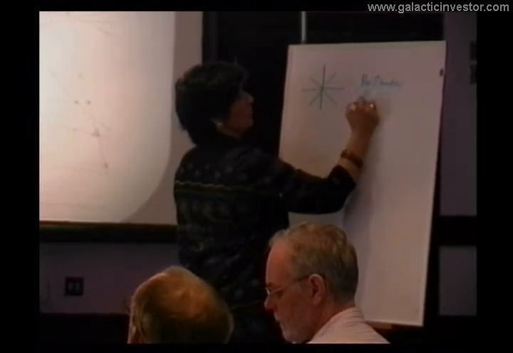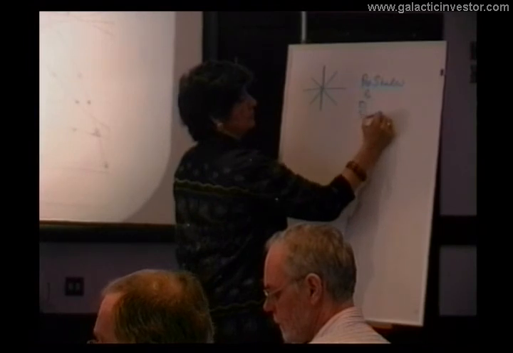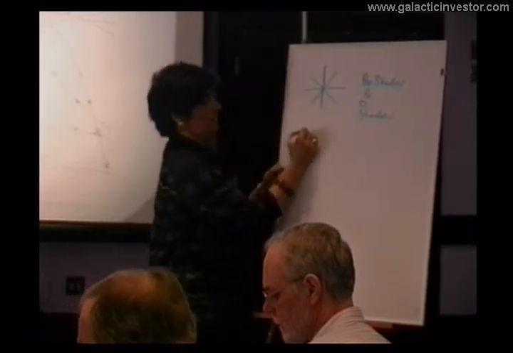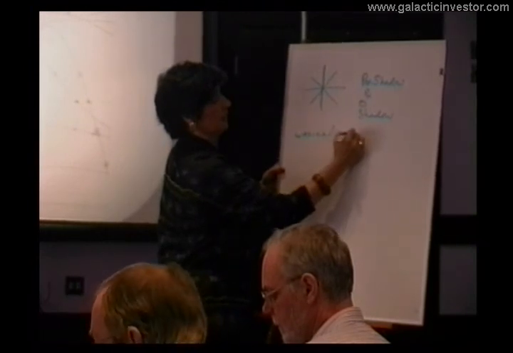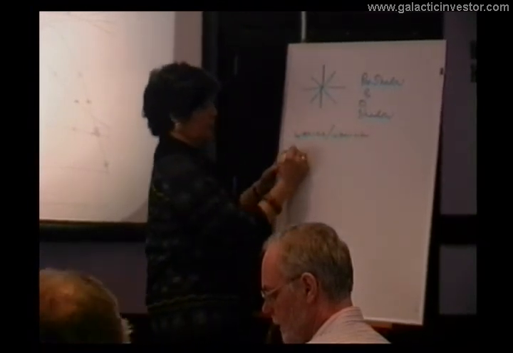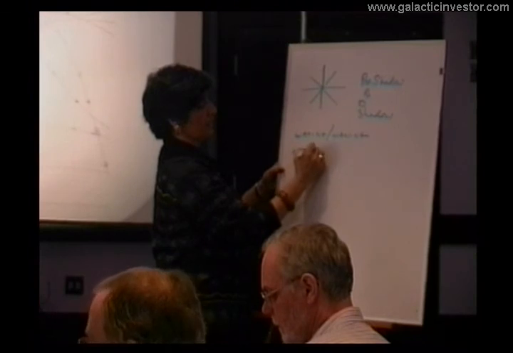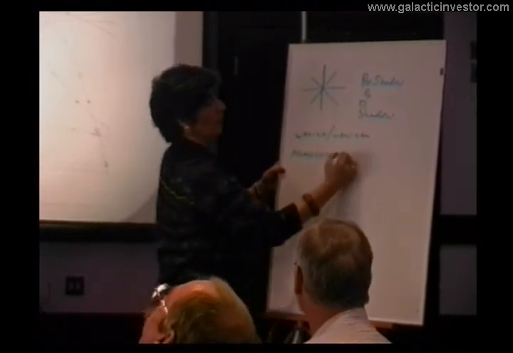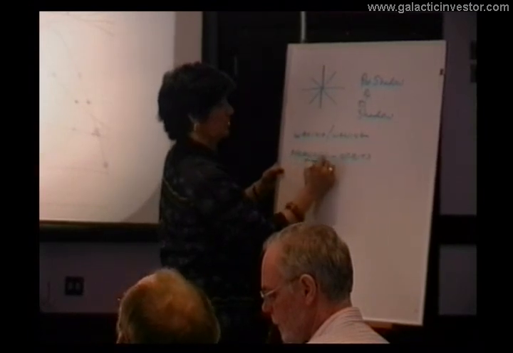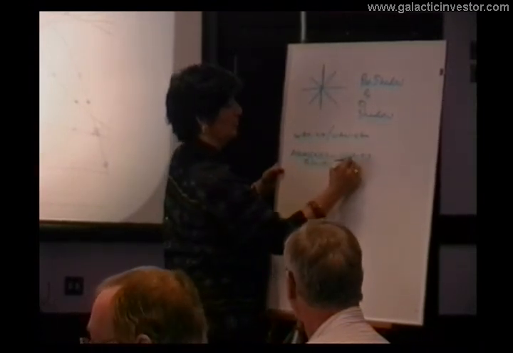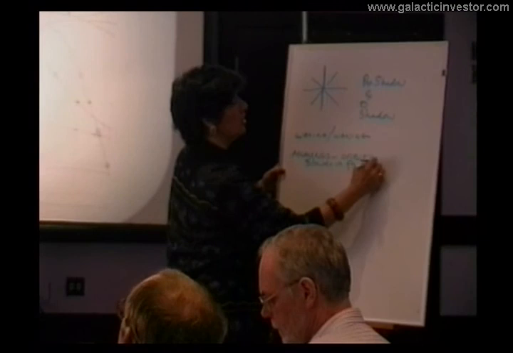Pre-shadow, retrograde, direct, and shadow. Waxing and waning. The meanings of, actually not the meanings of the planets as much as their orbits. Slower versus faster. These are all things y'all learned today.